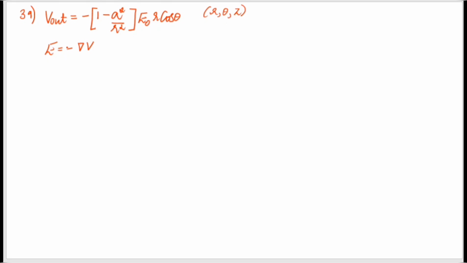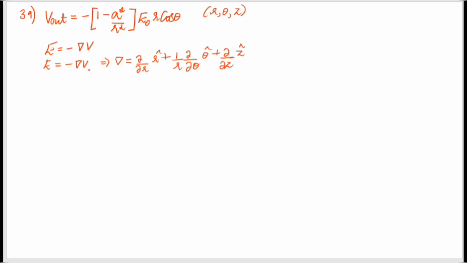So in cylindrical coordinates, the gradient will be equal to dou divided by dou r of r cap plus 1 divided by r dou divided by dou theta of theta cap plus dou divided by dou z of z cap. No need to worry about the z because they have not given z terms here.